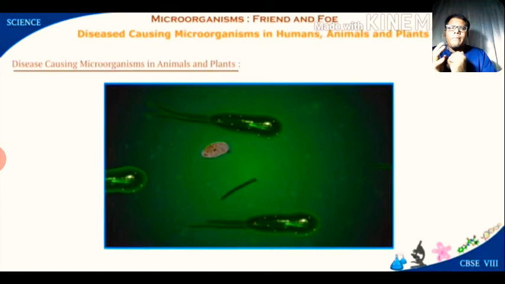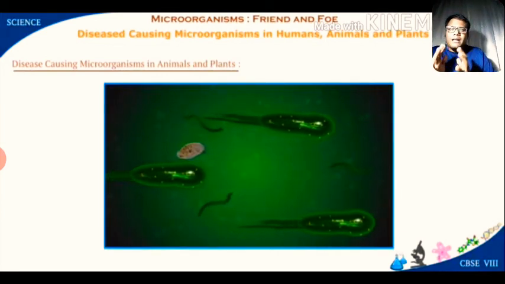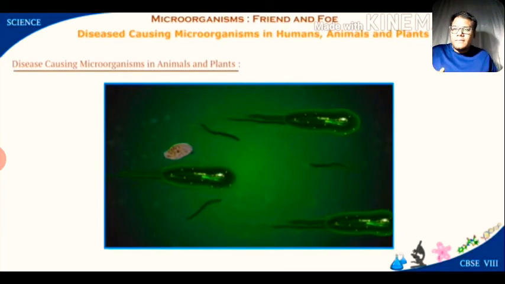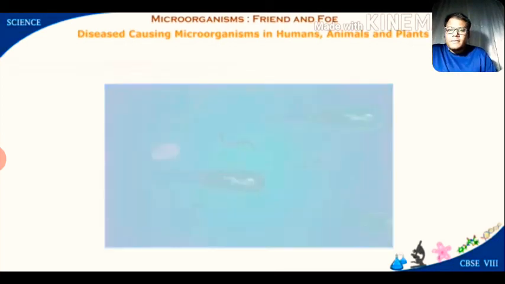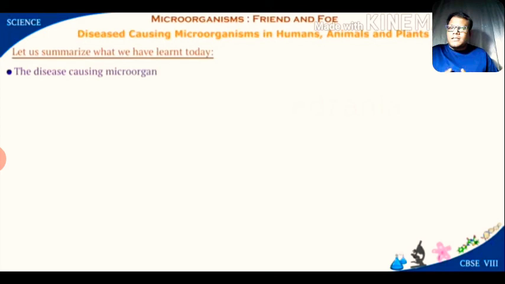The world of microbes diverges. Some are useful, some are life-risking. Let us summarize what we have learned today. Number 1, the disease-causing microorganisms are called pathogens.